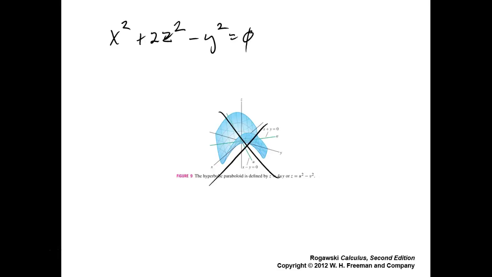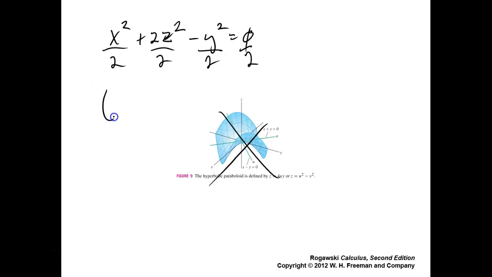Now, that's not quite our standard form. For standard form, what we want is the numerators all to be coefficients of 1. So divide by 2, and divide that side by 2 if you wish to.